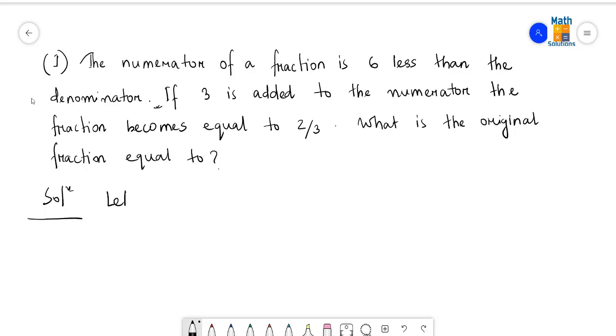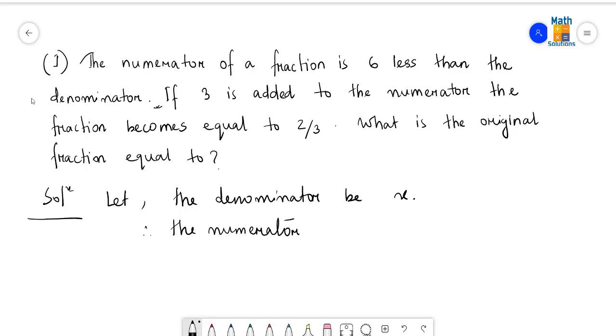So first we shall write: let the denominator be x. Therefore, the numerator is equal to the denominator minus 6, so this is equal to x minus 6.